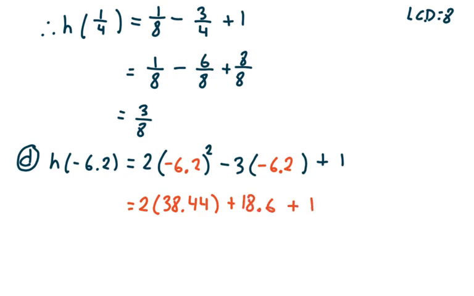And then I add 1. And I'm going to take 38.44 and multiply by 2, and I'm going to get 76.88. And then 18.6 plus 1 is 19.6. And then when you add those up, I come up with 96.48 for part D.